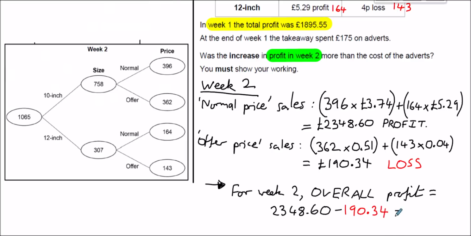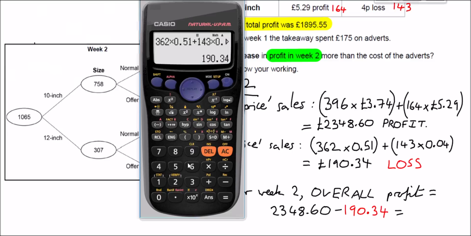So if we just calculate this, £2,348.60 minus £190.34 gives us an overall profit for week 2 of £2,158.